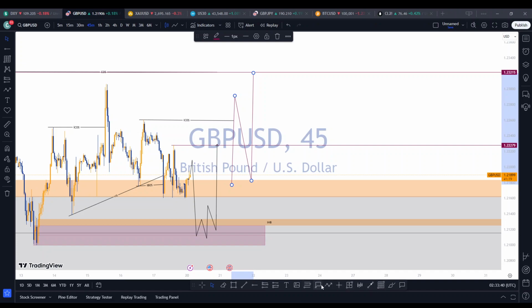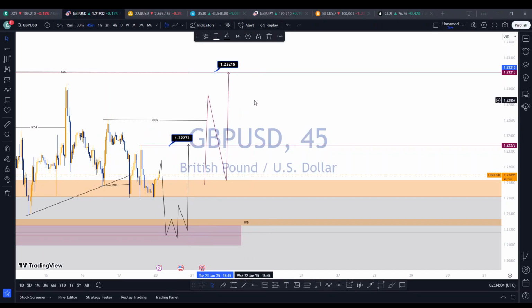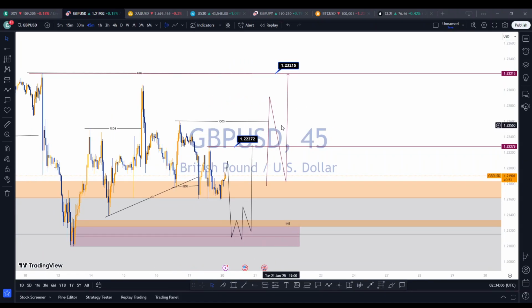For a buy move, this will be our TP. If we get to this level right here, for this first scenario, this will be my TP, but for the second scenario, this will be my TP. So we just have to wait and see how the market reacts, and that will determine our next move.